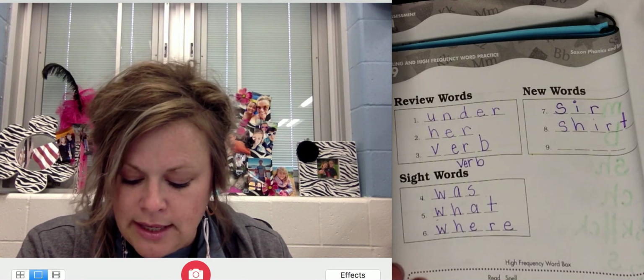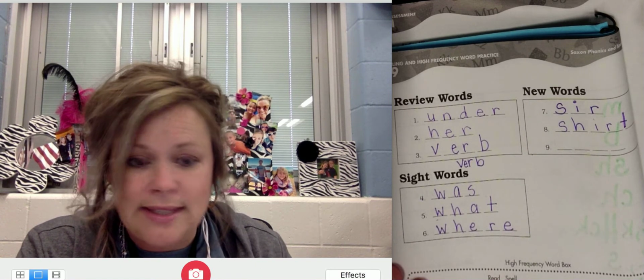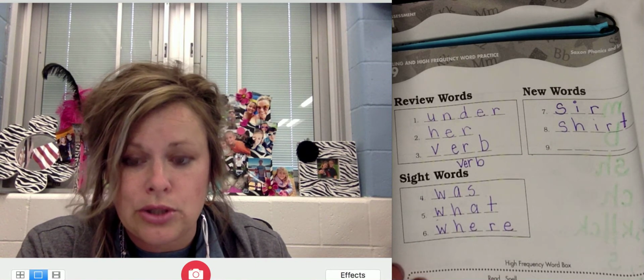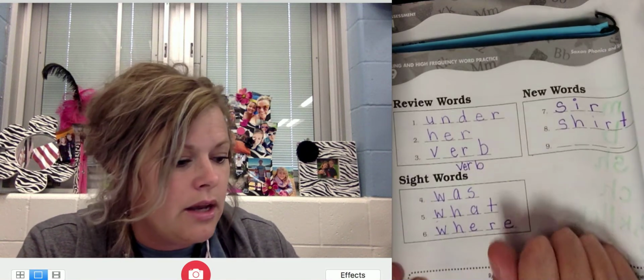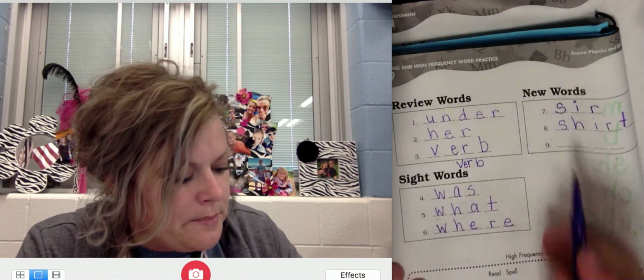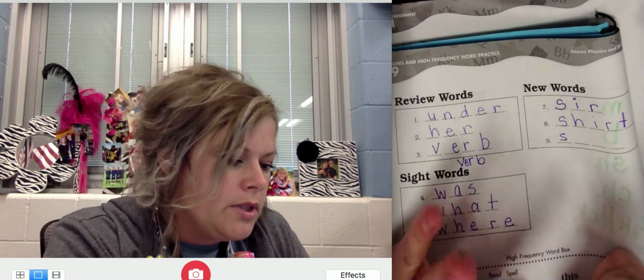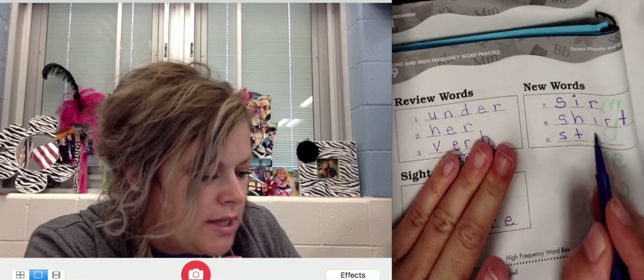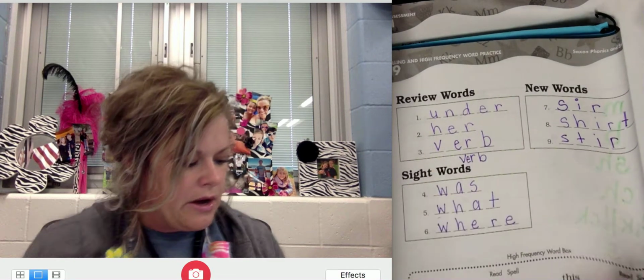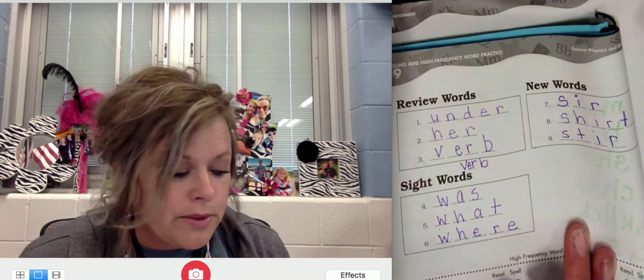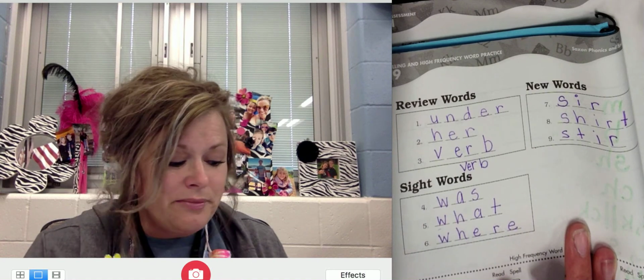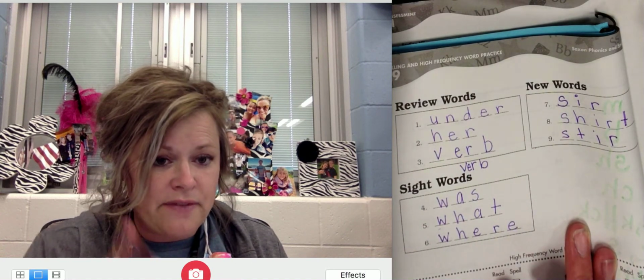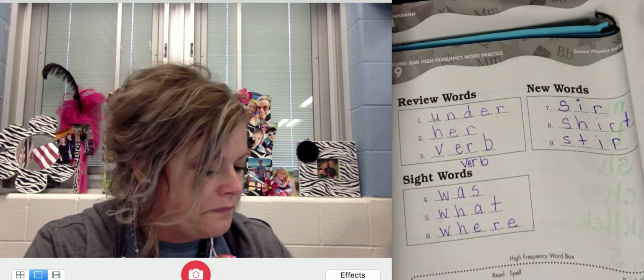All right, and here's a number 9. This next word is stir. Stir. Nice blend in there. S, write it. T. Combination has both I and R in it. So here's our new words with the combination IR in it. Make sure that you've done that phonics dance with the IR.